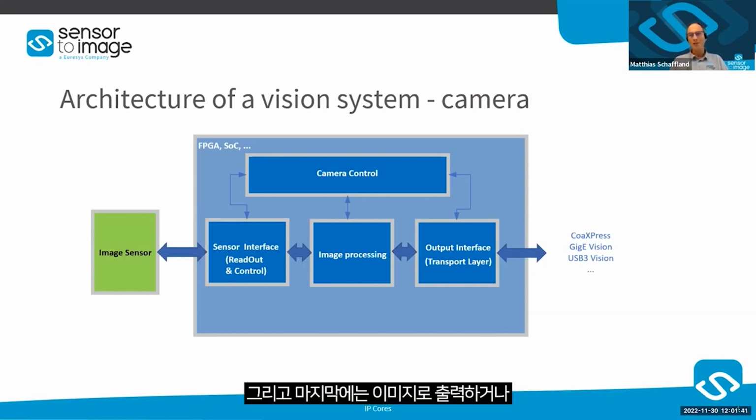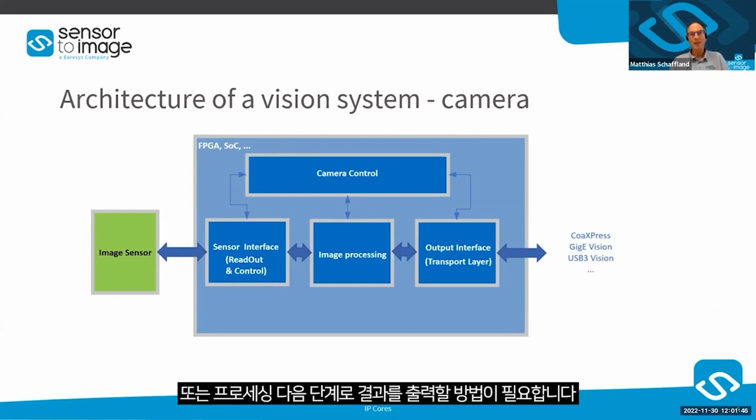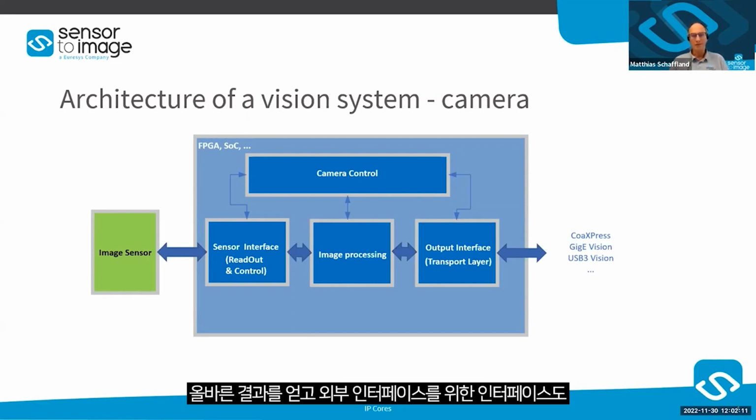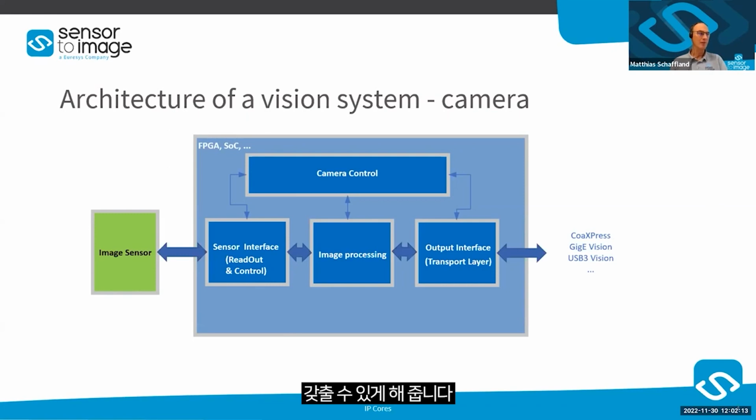And at the end, you need a way to output that image, or at least the results, to the next step of your processing machine. That could be CoaXPress, GigE Vision, USB3 Vision, but it could be other protocols or interfaces as well. Typically, we have a kind of camera control within that block, which orchestrates these processing blocks to get the correct results and to have an external interface as well.